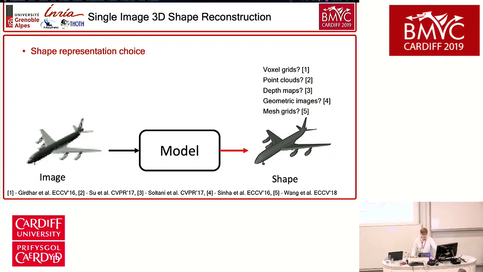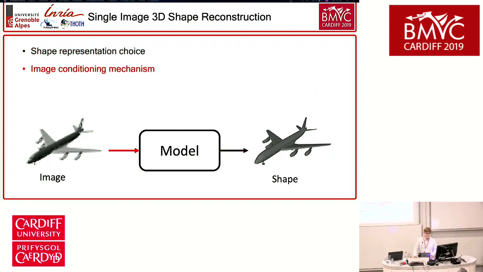So people came up with lots of different representations approximating those initial mesh grids, like voxel grids, point clouds, and so on. And actually, a lot of newly reported works continue to push the state-of-the-art in this task by using more and more sophisticated approximations of meshes.